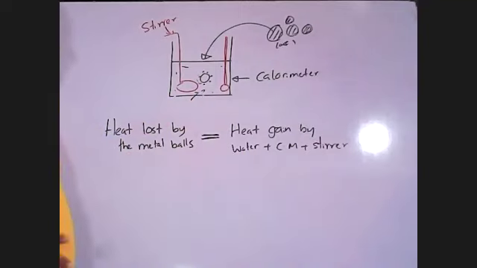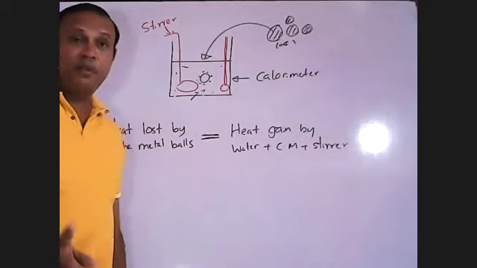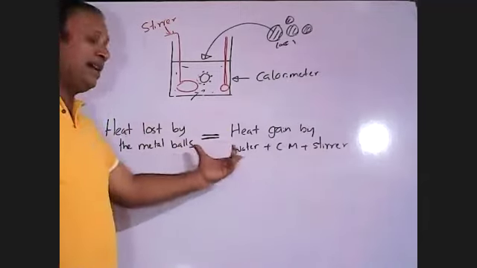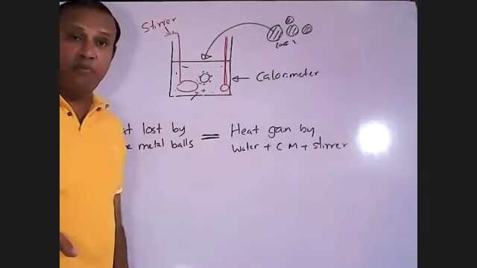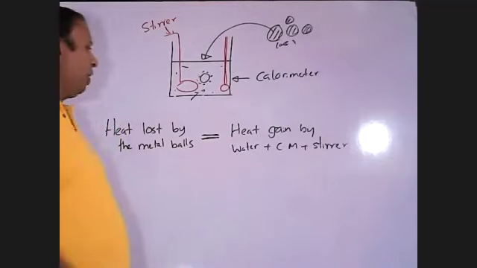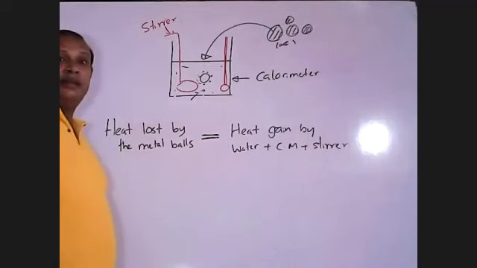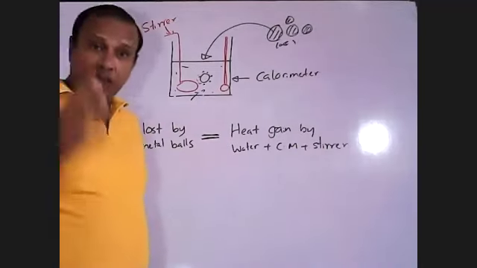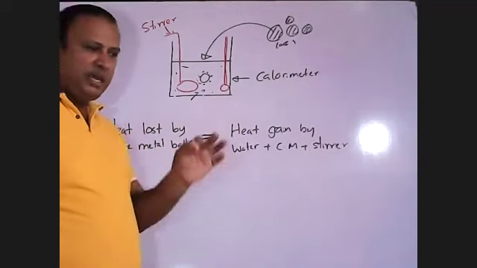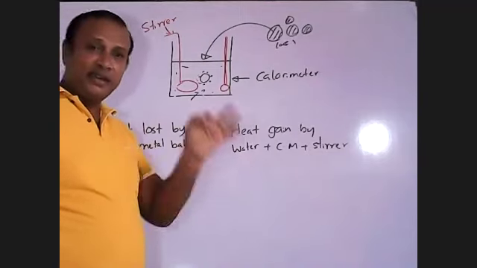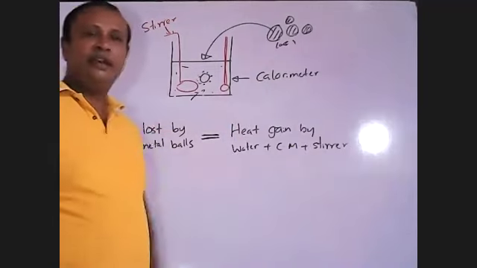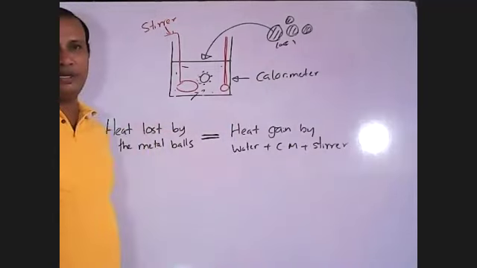So, as I told you earlier, to validate this concept, there should not be any heat loss to the surroundings. Therefore, to validate this equation, we have to maintain a condition without any heat loss to the surroundings.